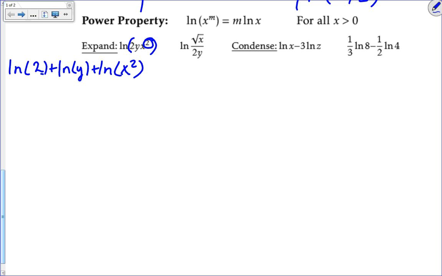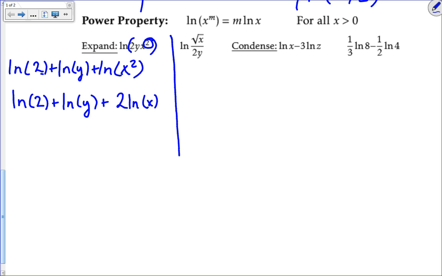What can we do? We can move that exponent out front. And that's going to give us our final answer. So ln of 2 plus ln of y plus 2 ln of x. Okay?